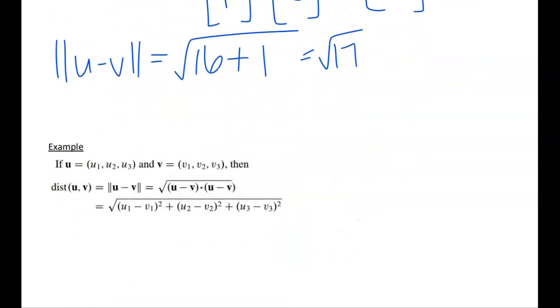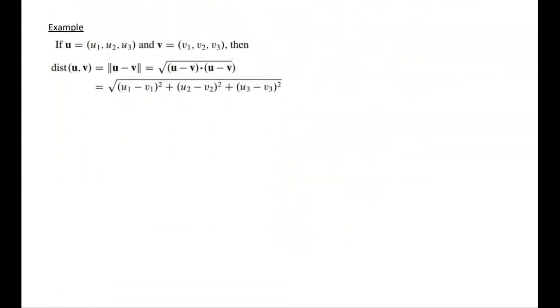So let's expand this into R3. Okay, so if this was in R3, then the distance between u and v, the norm of that, you are going to be looking at the distance between each and every one of these pieces. So u1 minus v1, u2 minus v2, u3 minus v3, each one of those.